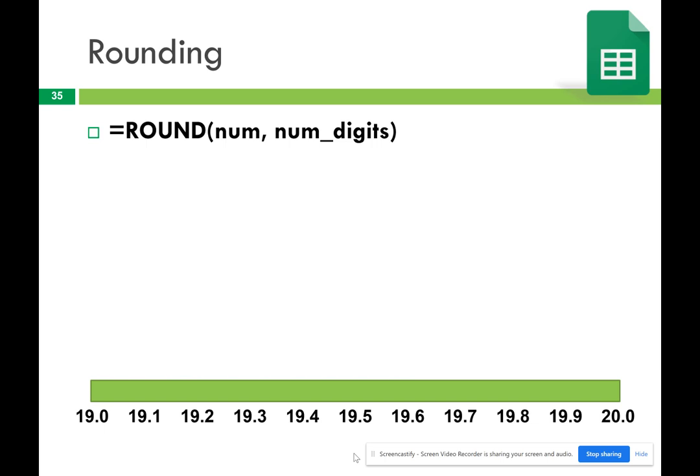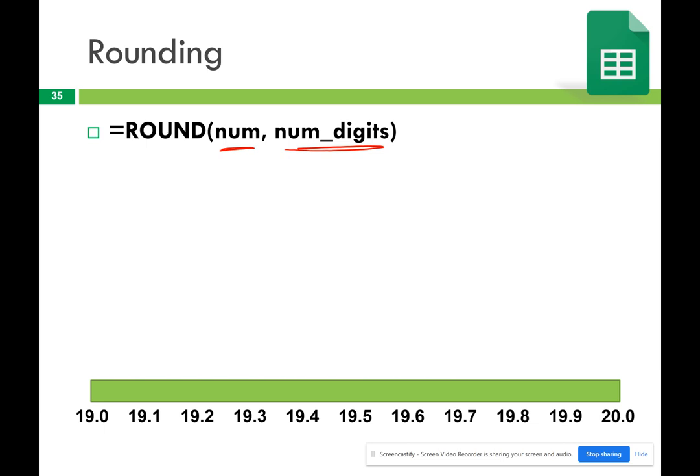All of the rounding functions we're going to discuss take two parameters. They take two arguments. Pretty simple. The first argument is what number would you like the spreadsheet to round? Comma, the second argument has to do with how many digits would you like me to round this number to?